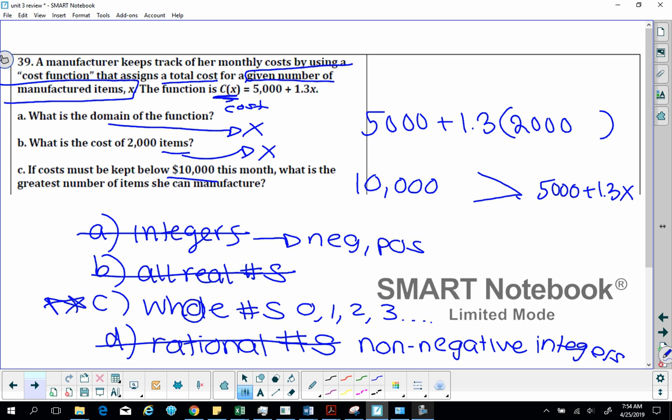For which one? You don't need to put that. You just type it right in. For 5,000 plus 1.3, you just put it right in your calculator. So, did you guys get the first answer? Just typing it right into your calculator.